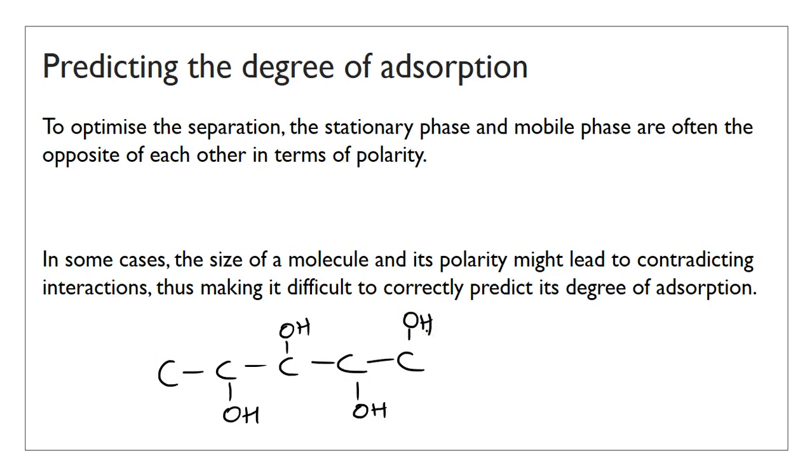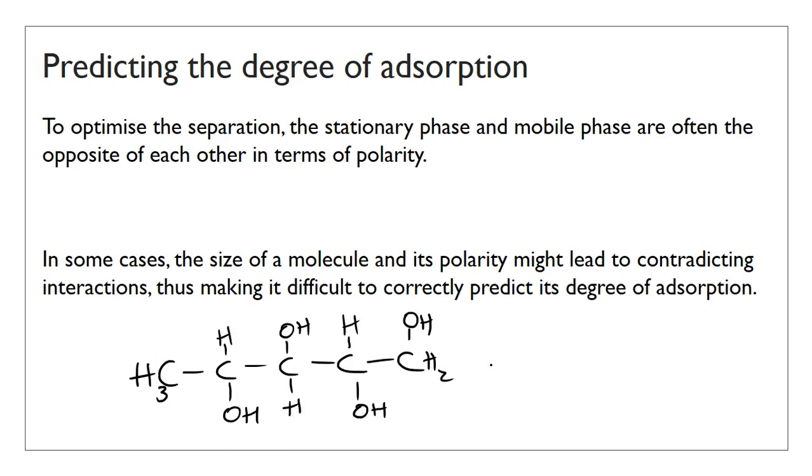By sugar, I mean monosaccharide or glucose, but it actually is also incredibly polar. If you have a non-polar stationary phase, it will like the molecules that are larger, but then if it's polar, then is it going to come out first? Is it going to be more adsorbed or less? The answer is it's going to be very hard to predict in those situations, and you're probably better off just running the experiment and seeing for yourself.